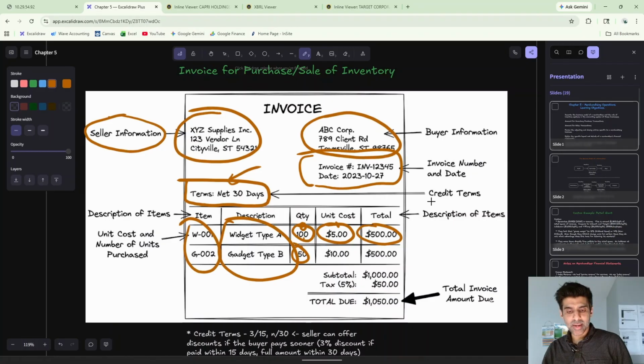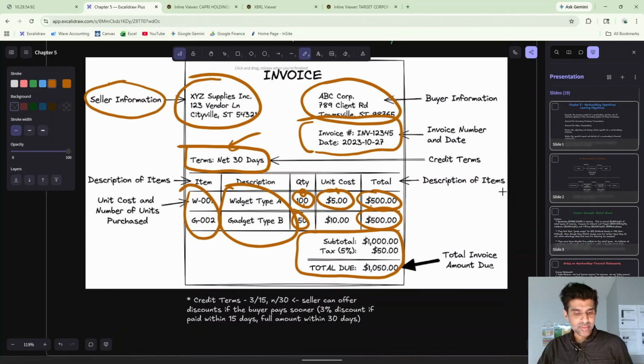So 100 times 5 is 500. 50 times 10 is 500. And then you have your subtotal and the total due. Pretty straightforward. I think we've all seen this. We've all ordered stuff. We've all seen an invoice to some extent. I think the only new thing is these credit terms.